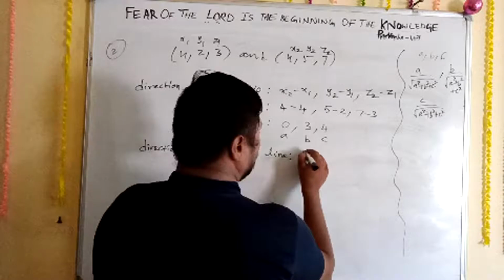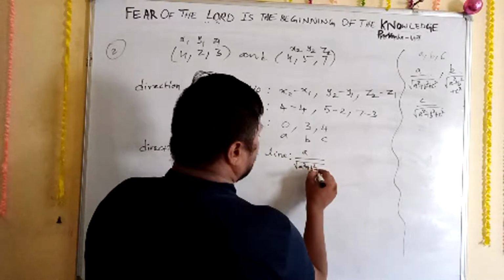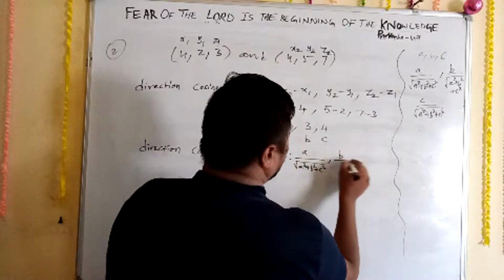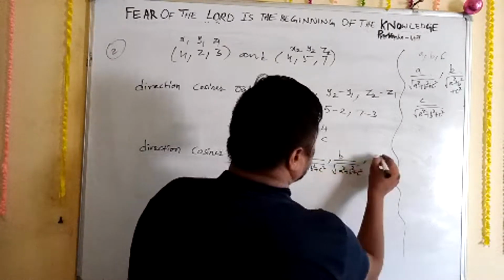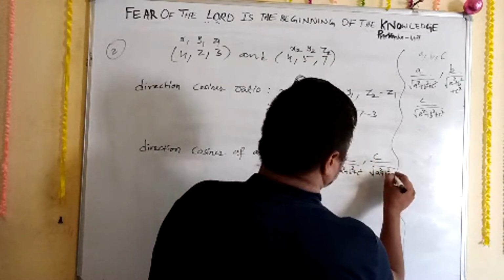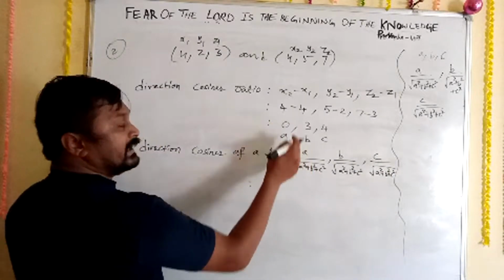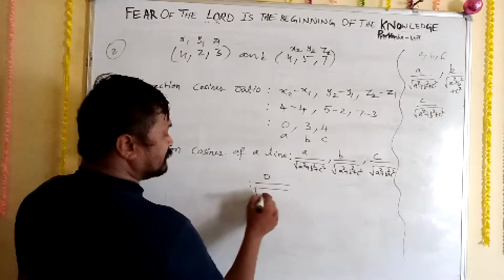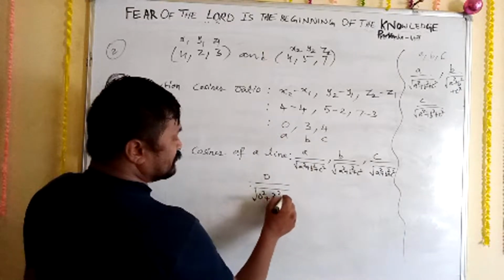What is your formula? A upon square root of A square plus B square plus C square, B upon square root of A square plus B square plus C square, comma, C upon square root of A square plus B square plus C square. Now A is 0, so 0 upon square root of 0 square plus 3 square plus 4 square.